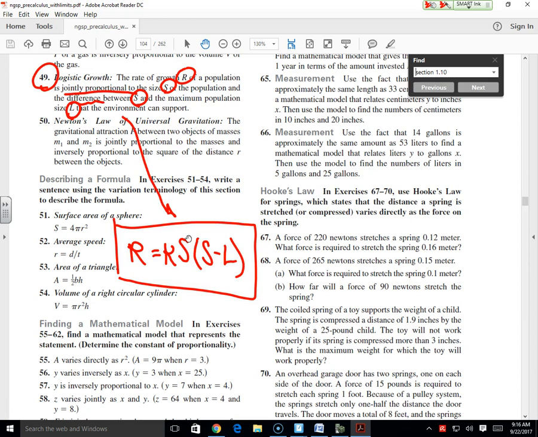All right, no other questions? Did you do C for number 18? Yeah, I did. For this one, why did you put S and S minus L? Because it said jointly to the size and the difference between S and L. So I had to put it twice because they put it twice.